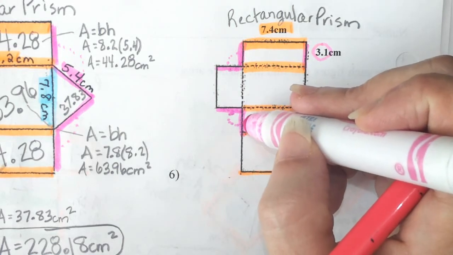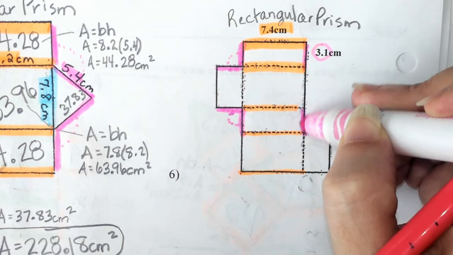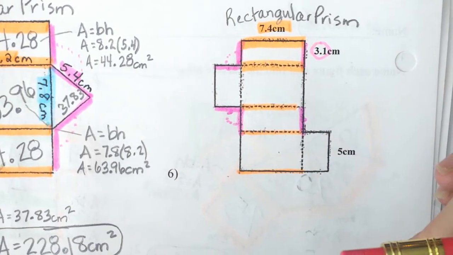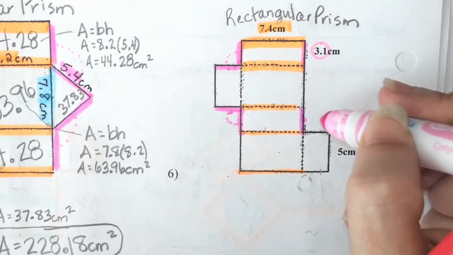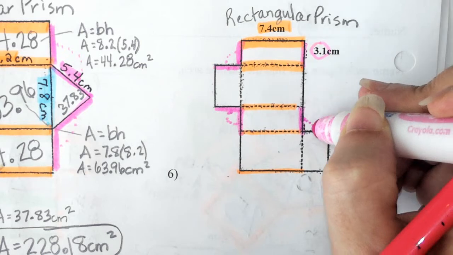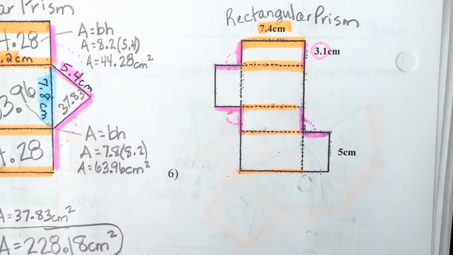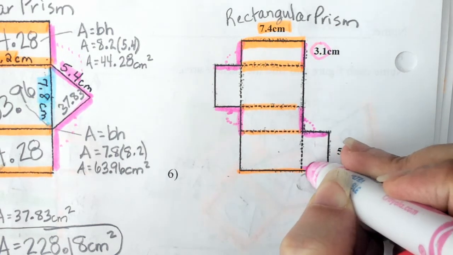Going across the shape, this one would be the same as this one because they're kind of like opposites. This one would touch this one. And then my opposites again would be that one.